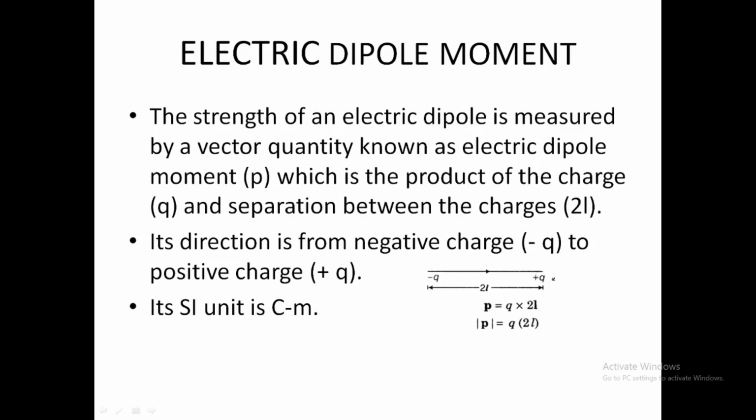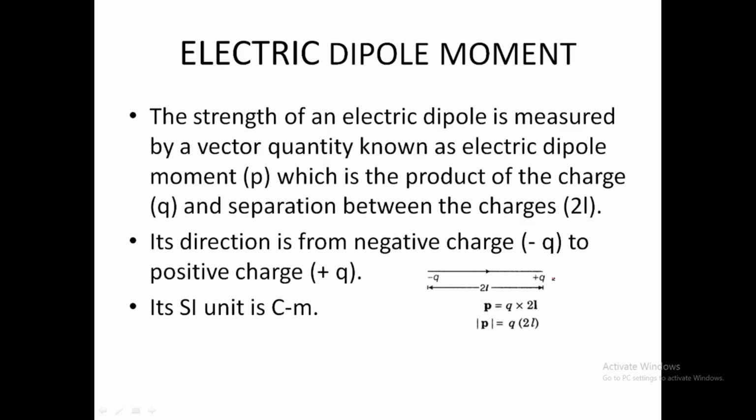Next one is electric dipole moment. Since these are equal charges which act in opposite directions, since they are separated, there will be a moment created. Since they are unlike charges, they tend to attract each other, they want to mingle, but they are placed at a certain distance in such an equilibrium position that it doesn't happen.